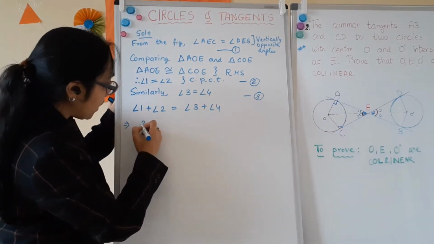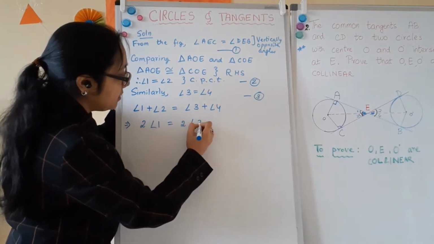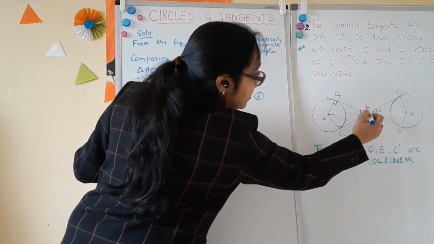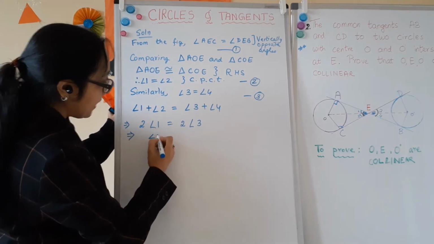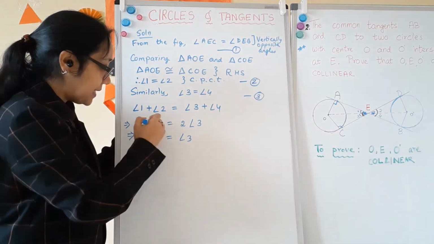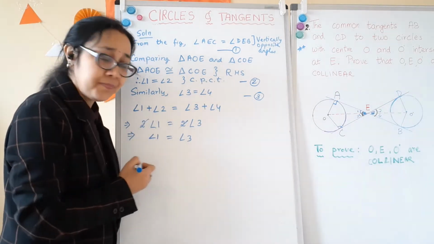So we can write twice angle 1 will be equal to twice angle 3. Right? So if twice is equal, then we can cancel 2 from both sides. So we can write angle 1 is equal to angle 3.